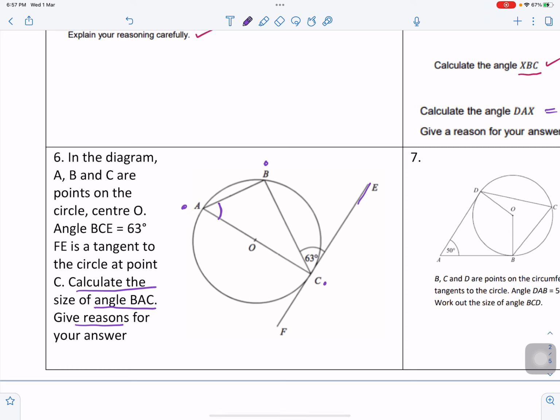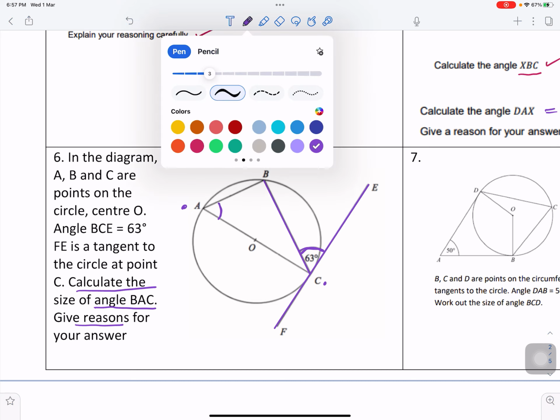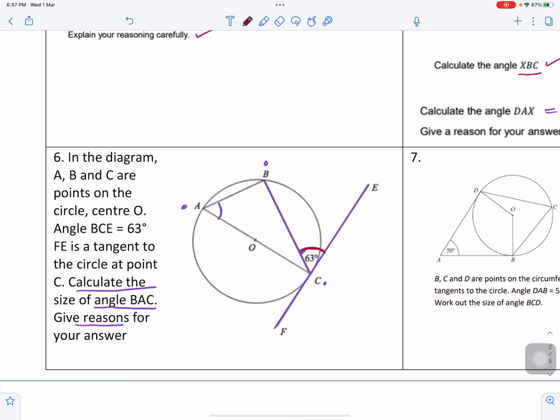If you look at the tangent EF and the chord BC, the angle between chord and tangent is 63. The same chord BC is making an angle on the circumference on the opposite side at A. Same chord, right, which is making an angle with the tangent.